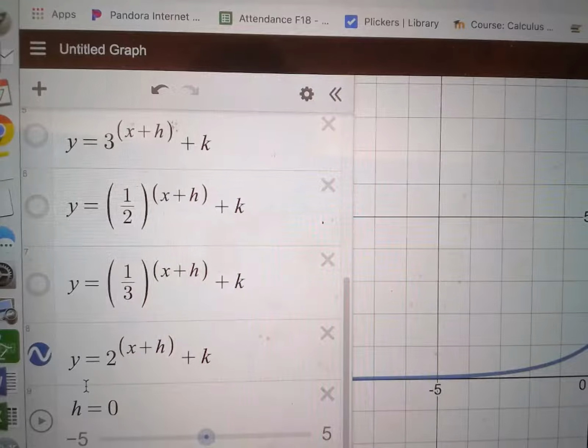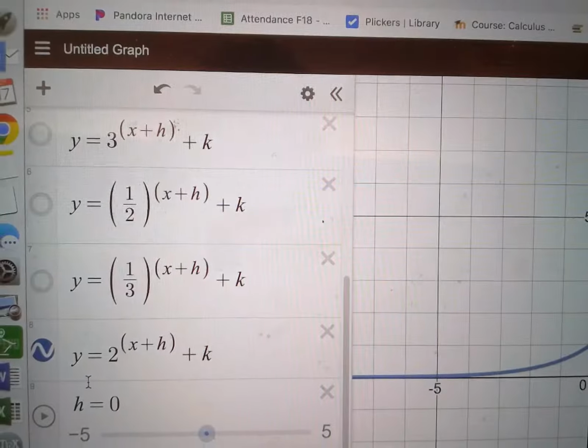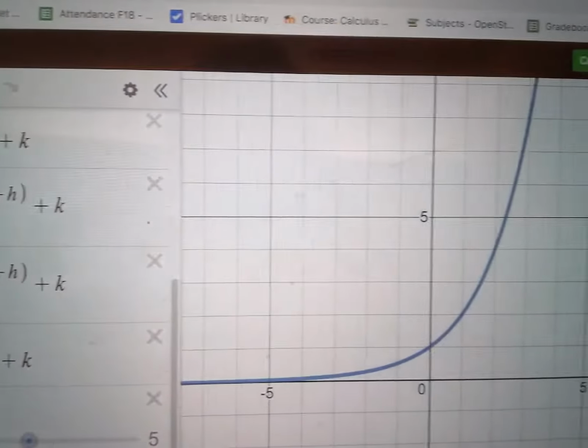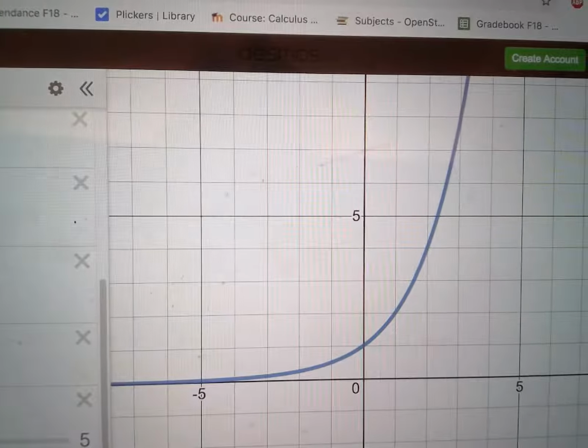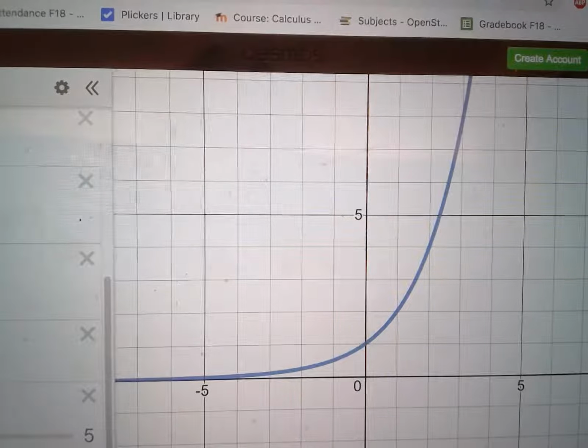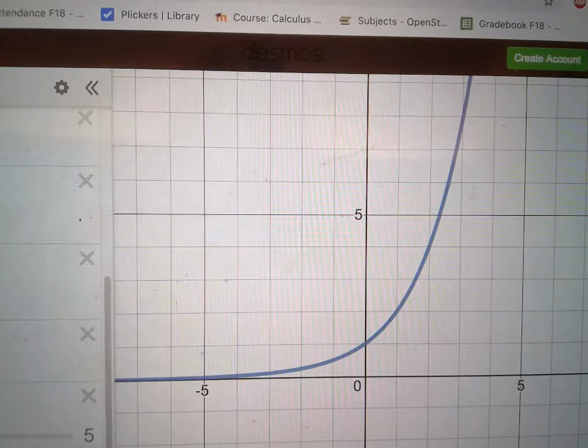The first thing I want to focus on is the h. I have h set up to go from -5 to 5, and it's starting out here at 0. The h was up there in the exponent with the x. When the shift was with the x, it would look like (x plus 2) quantity squared. But when I have it this way, it does the same thing, as long as it's with the x.